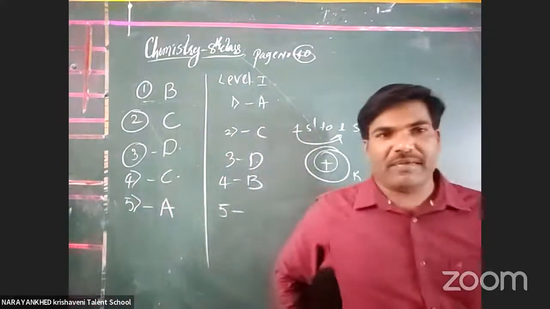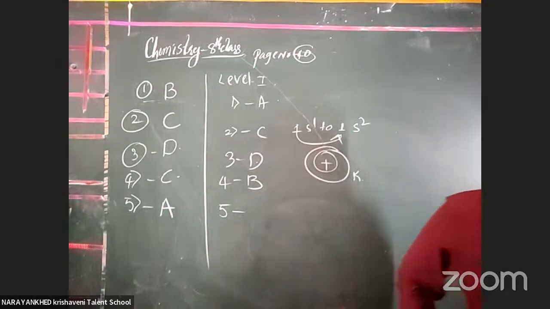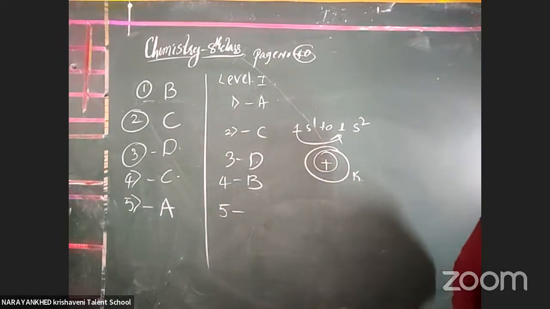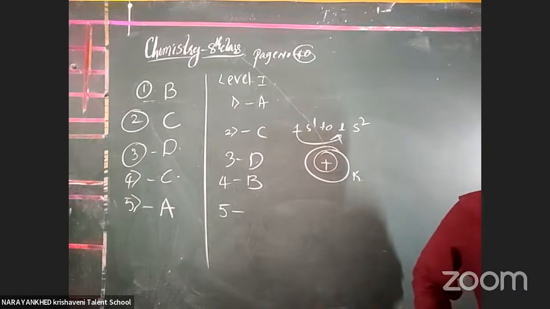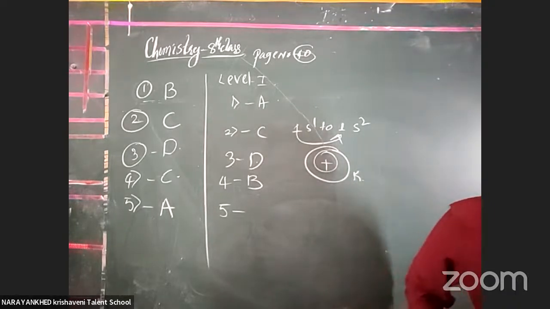Actually the question is meaningless. What is 95B? On the basis of electronic configuration, group and period, that printing is somewhat of a mistake.